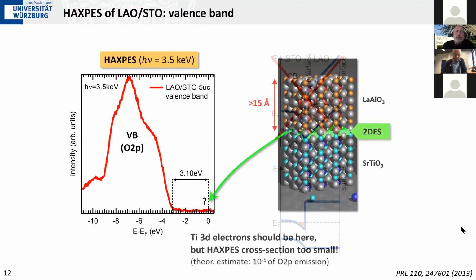There is another interesting point before I try to show you how we can nonetheless see the titanium 3D electrons, and that's the very fact that we see this 3.1 electron volt gap here.